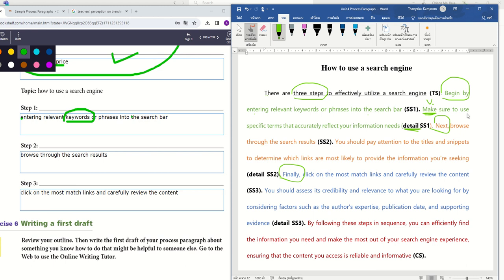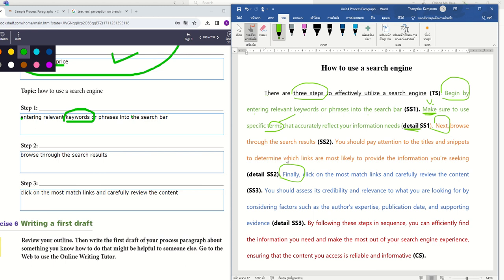Make sure to use specific terms that accurately reflect your information needs. See? Make sure you use specific terms. Terms means keywords. See? So detail SS1 serves SS1, the first supporting sentence.